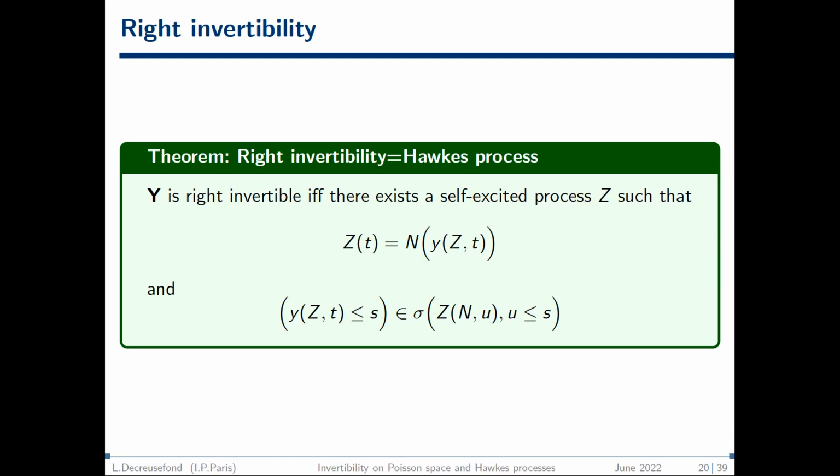But it solves something like this. Because when you have this, that means that the compensator of C is YZT. So its compensator depends on itself. Deterministic function of the past and of the time. Yeah, that's predictable.